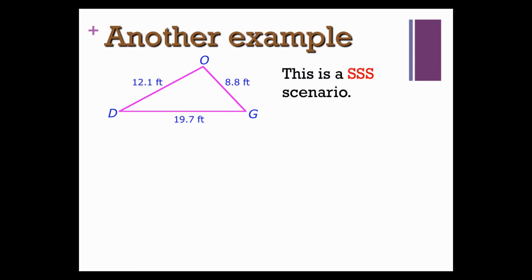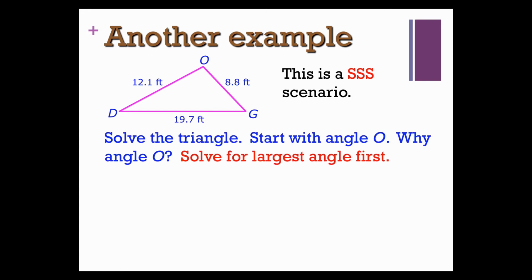Here's the problem. I'm not going to make you do this, but if we have a camp that solves for angle D, and a camp that solves for angle G, there is a possibility that one of you could be wrong. There is a thing called the ambiguous law of sines. We don't deal with that here. That's a pre-calc topic. So we're going to avoid it by following this thing in red.